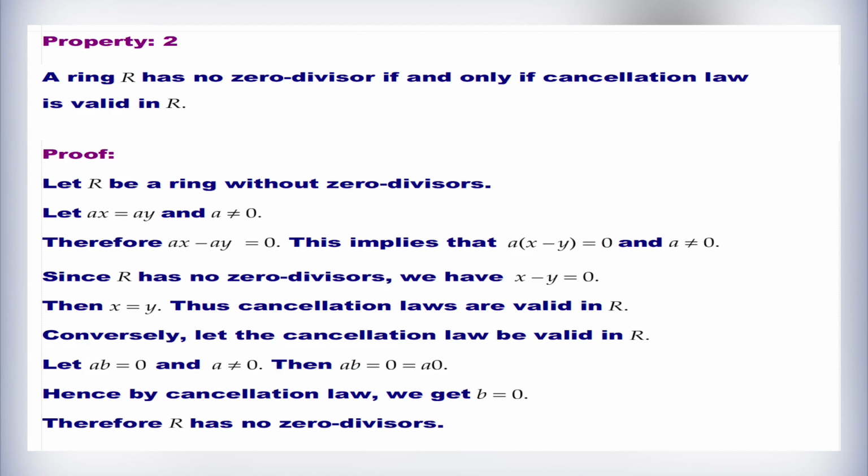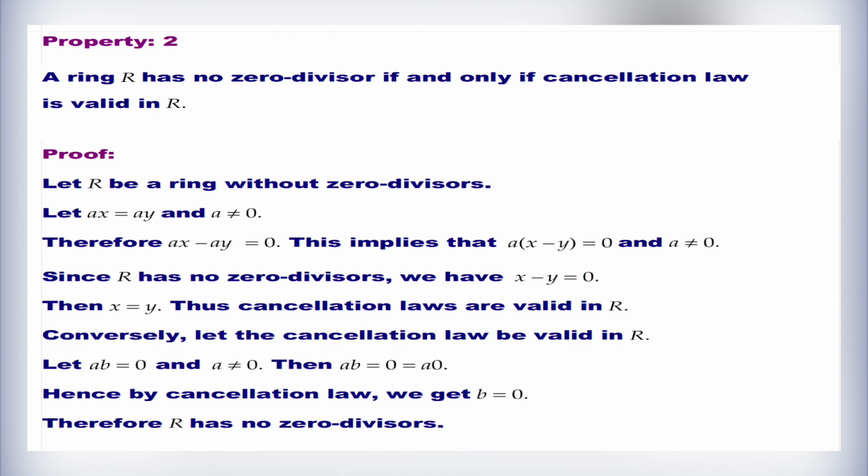Second property is, a ring R has no zero divisors if and only if the multiplication cancellation law is valid in R. Proof of the property: let R be a ring without zero divisors. Let Ax equal Ay with A not equal to 0.